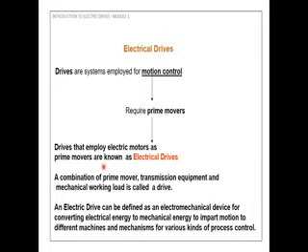What do you mean by drive? A drive is a system employed for controlling the movement of an electric machine. Drives that employ electric motors as prime movers are known as electric drives. Otherwise, an electric drive is defined as a control system or control mechanism to control the speed of an electric motor.